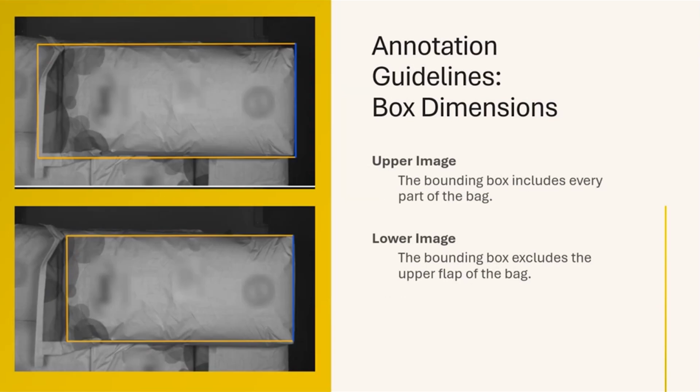Something similar happened when we wanted to detect bags for a depalletization task. It was really important to find the center of these bags, but the center of the part of the bag where there's actually something in it. This little flap on the top shouldn't actually be detected, but the person doing the annotation wasn't aware of this or didn't think about it.